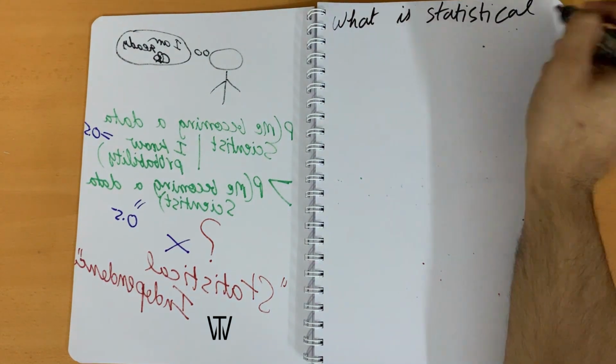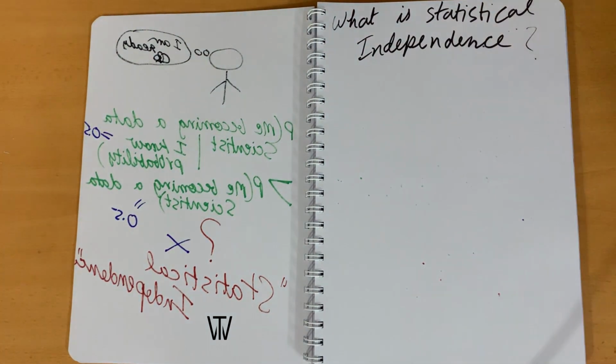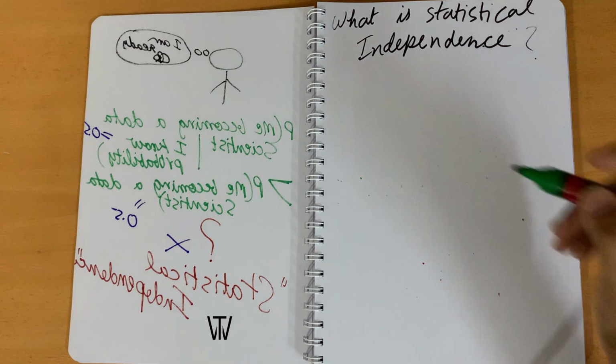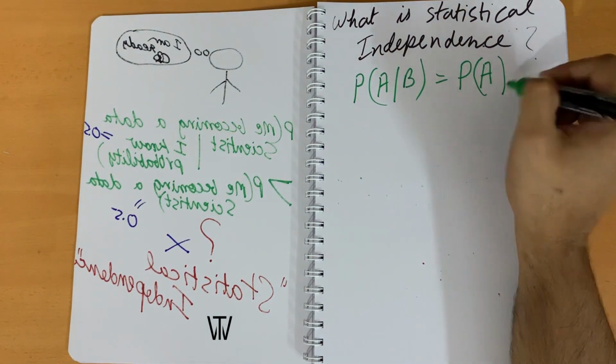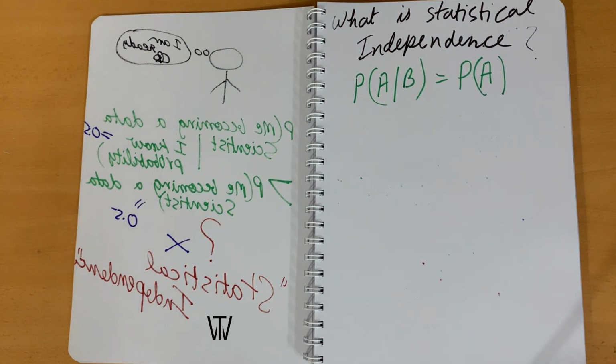Two events A and B are said to be statistically independent if P of A given B equals P of A. Let that sink in. I'm going to give you 10 seconds.